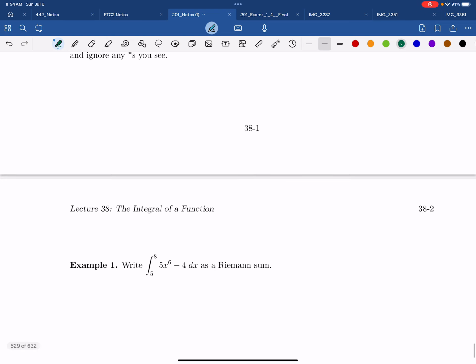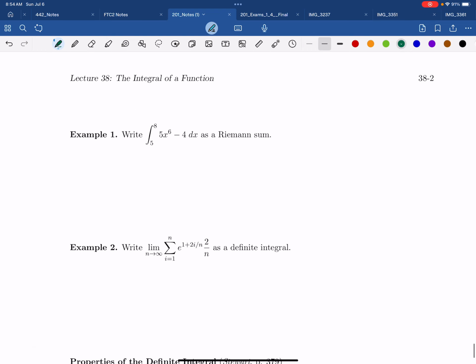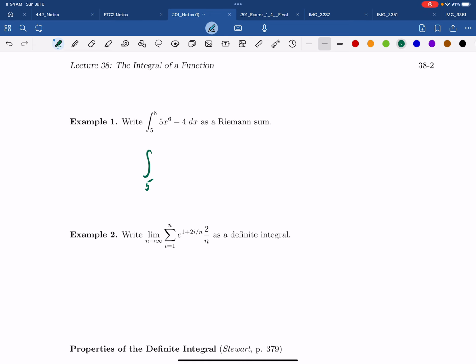So that's our notation. So for example, if I said write this as a Riemann sum, you'd write this as, okay, well, this guy is going to equal, well, I guess I do need to write the limit as n approaches infinity. So let's see what this is going to be.